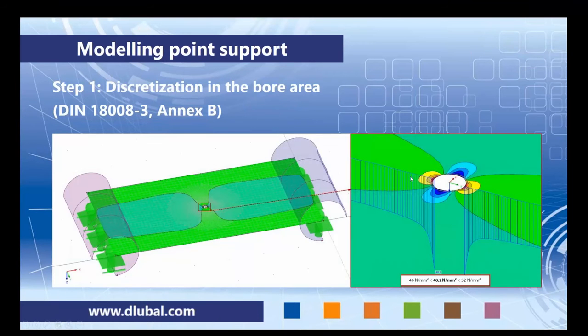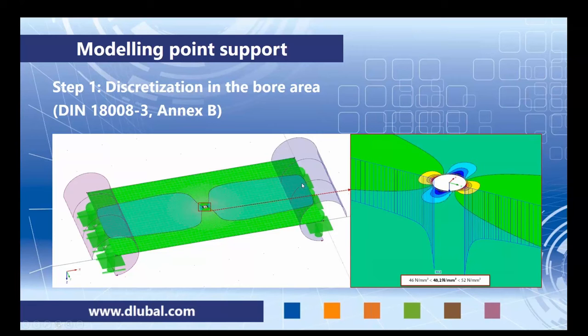Now, the technical article consists of roughly 3 steps. The first step is doing the discretization in the bore area according to DIN 18008 NXB.